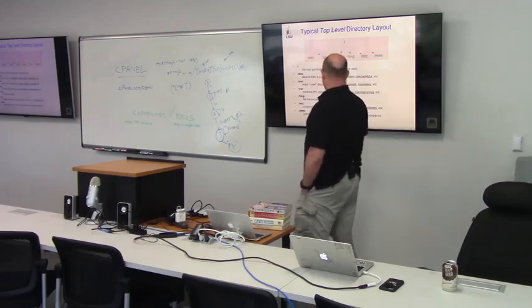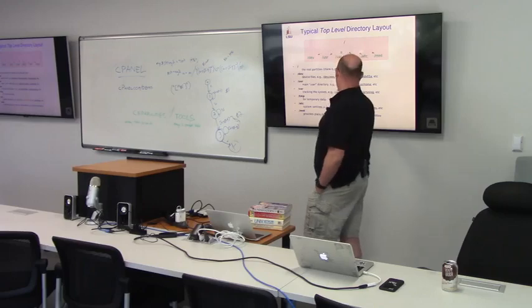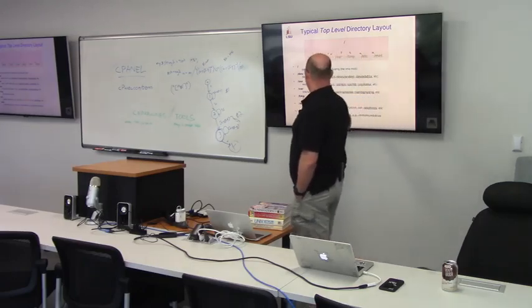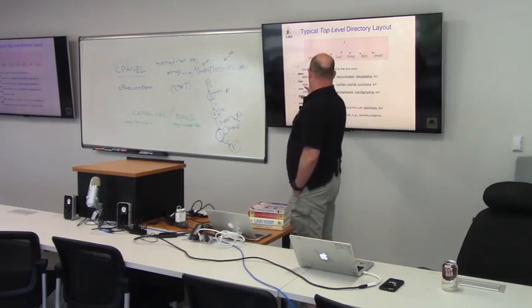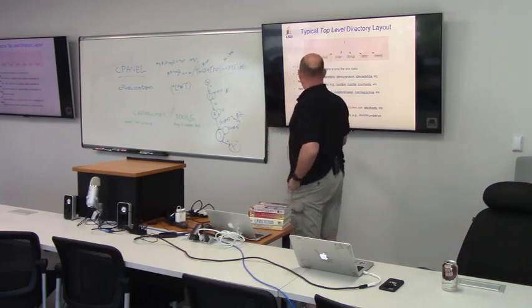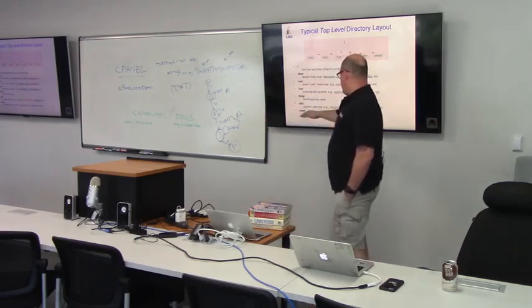So /usr, typically that's where users go. I'm sorry, that's not true. Okay, /usr is where your user utilities go. So there's /usr/bin, /usr/lib, /usr/home. Home is where users typically go. /var is for databases and data caches and stuff like that that are more or less persistent. /tmp is for temporary data. /etc is for your system settings. /mnt is not a standard thing.